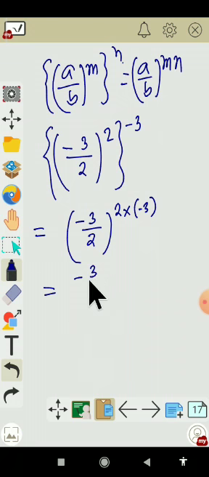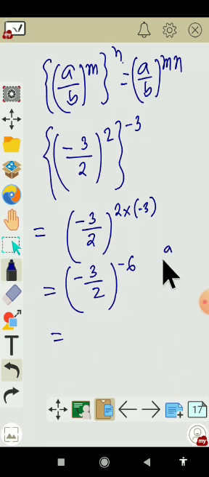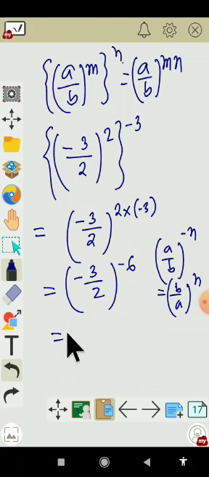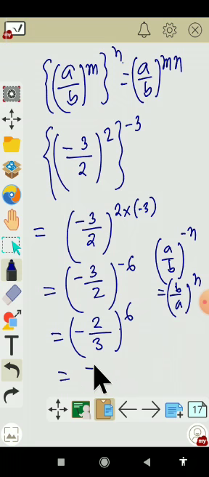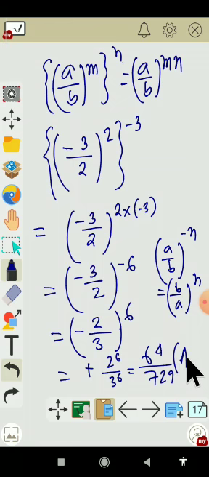So it will give us (3/2) to the power minus 6, and we already know if (a/b) to the power minus n is there, it will become (b/a) to the power n. So similarly here it will become (2/3) to the power 6. So this is the answer. It will be positive, 2 to the power 6 by 3 to the power 6. It will give you 64/729.